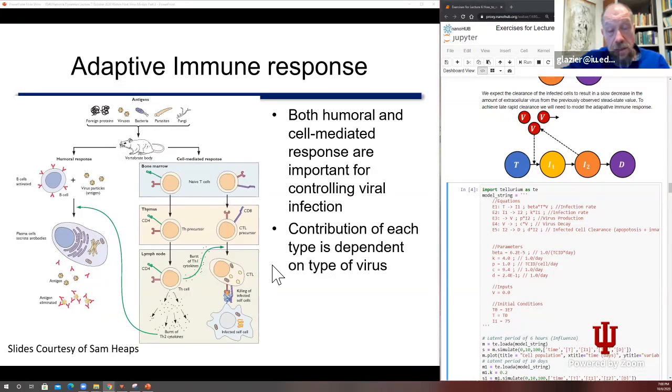We're going to focus on the cellular, the effector T cell response. But similarly, the B cells are sitting there waiting for a signal. And if they get the right signal, then they grow and they release antibodies, targeted antibodies. And so you have both things going on.